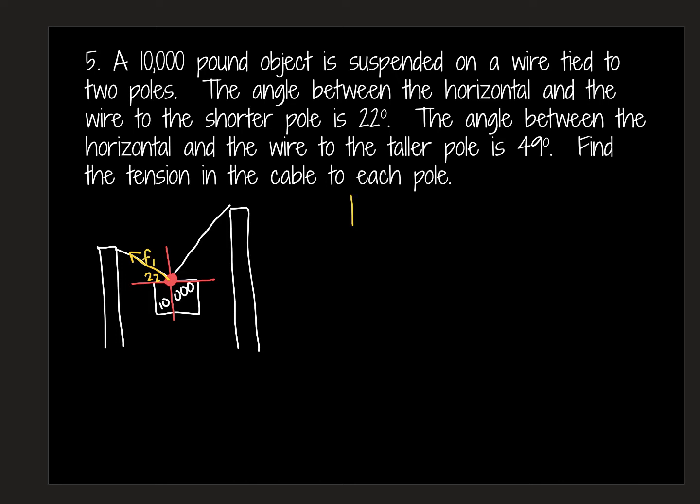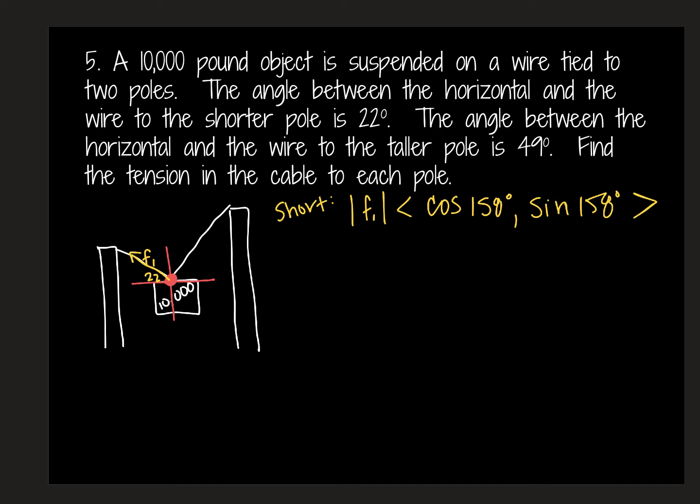So the magnitude of force 1 times cosine of the rotation from the positive x-axis, which is 180 minus 22, so it's cosine of 158, which is this rotation, comma, sine of 158. That is the wire to the shorter pole.